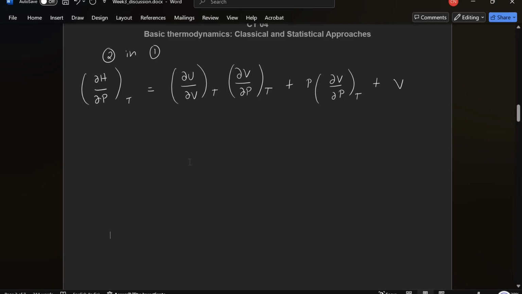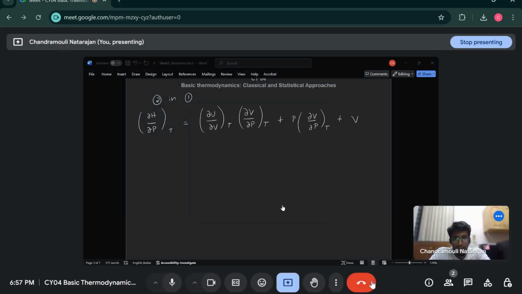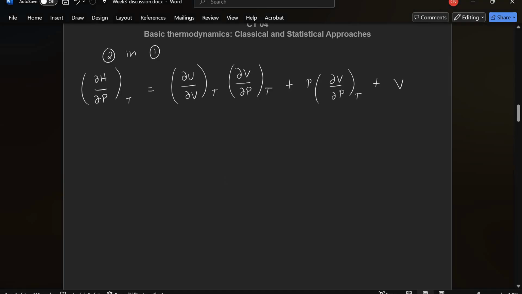So for the next substitution, we need this. We can still substitute this further. Okay, somebody has joined. So we can still simplify this further.